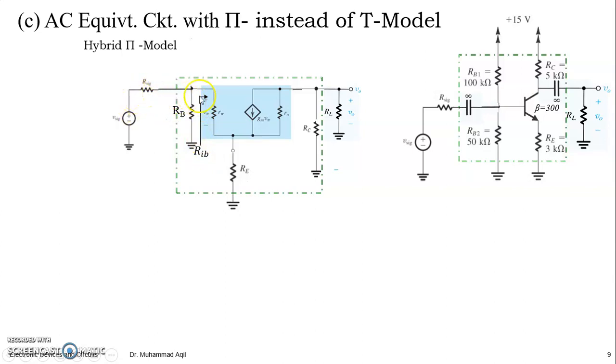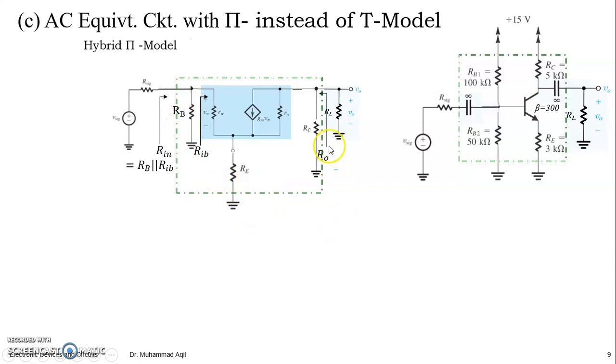Because input is coupled into the base, we are going to look through the base, so our input resistance is the resistance looking into the base. Once it is found, we can find Rin, and Rin would be equal to RB parallel to Rib, because this terminal and this terminal are the same for the input resistance at the base and RB.